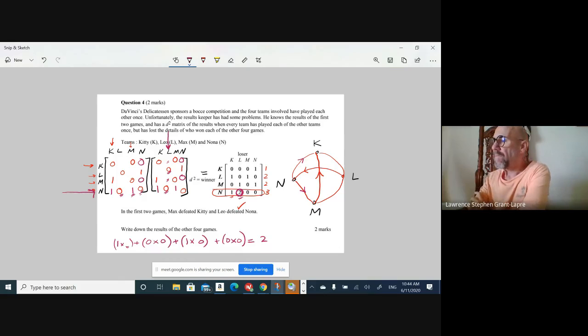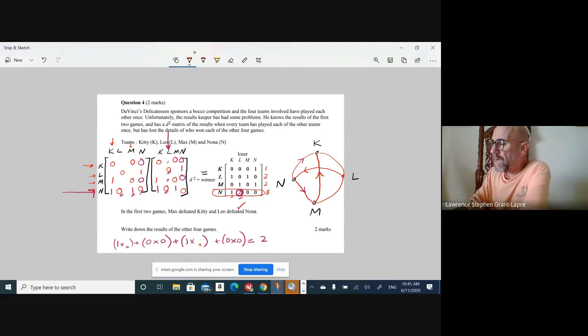Right, there we go. We've got our final numbers now. The blanks are 1 times something, 0 times 0, 1 times something.